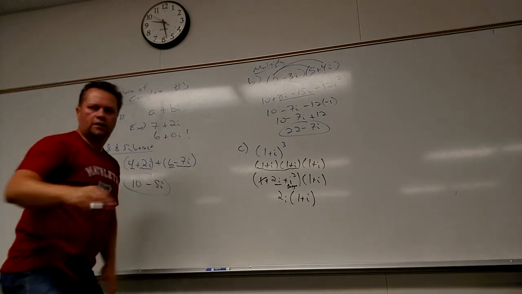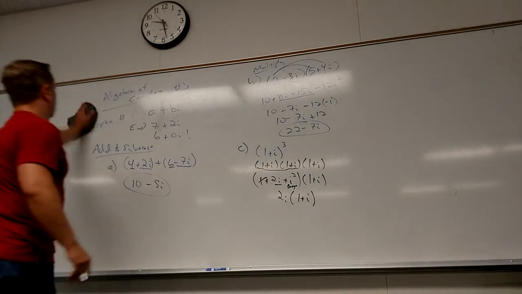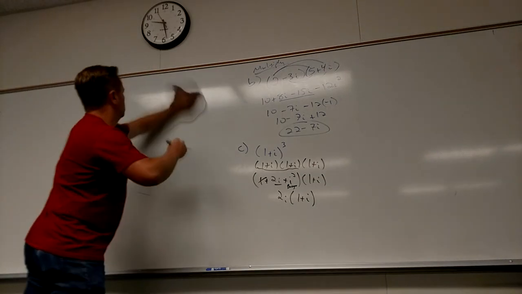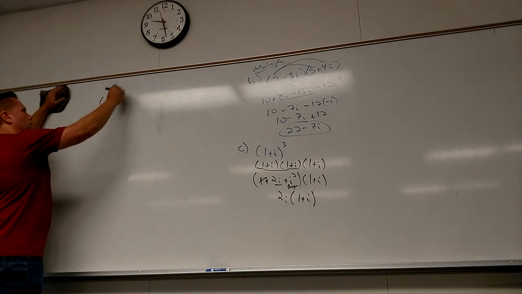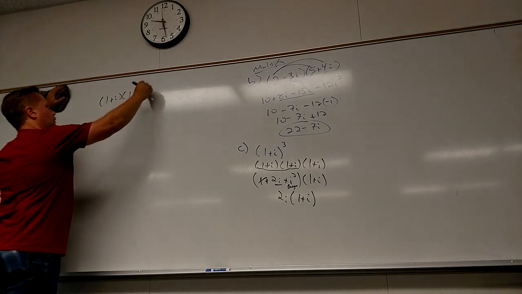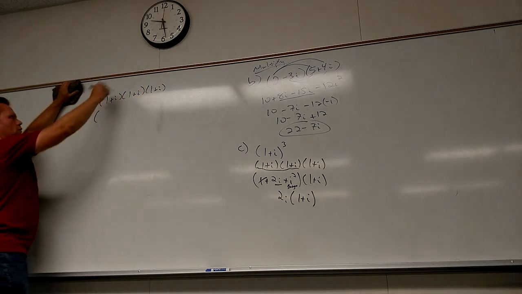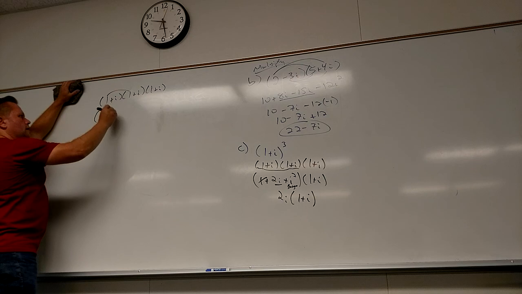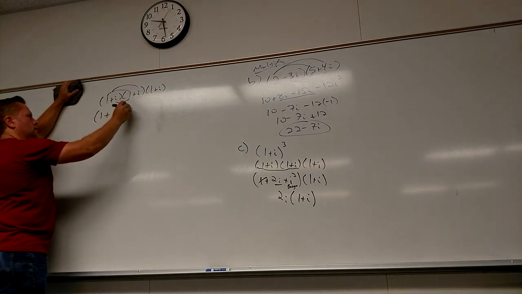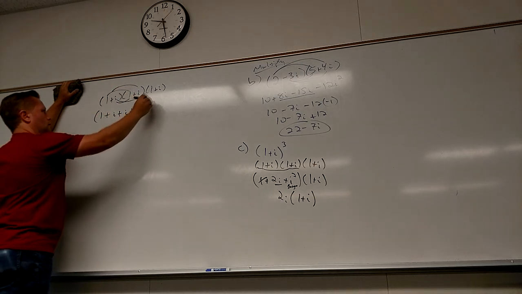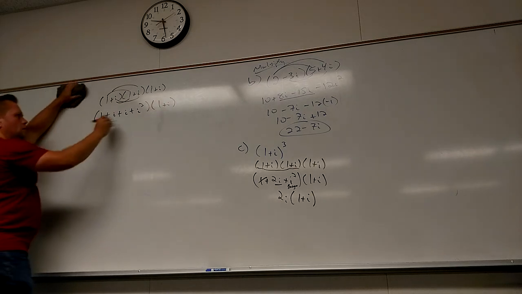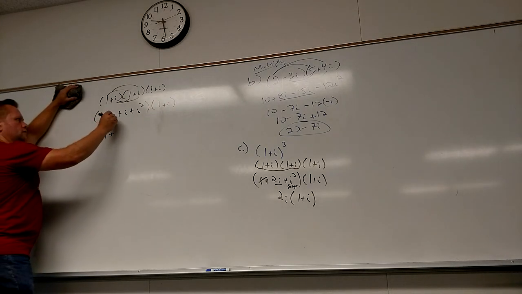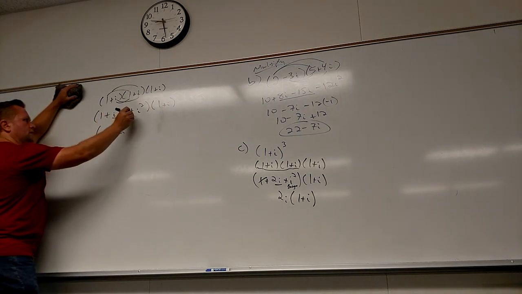Okay, let me focus on that. Let me show every single little step. So here this would be 1 plus i plus i plus i squared. So this would be 1 plus 2i. What's i squared?